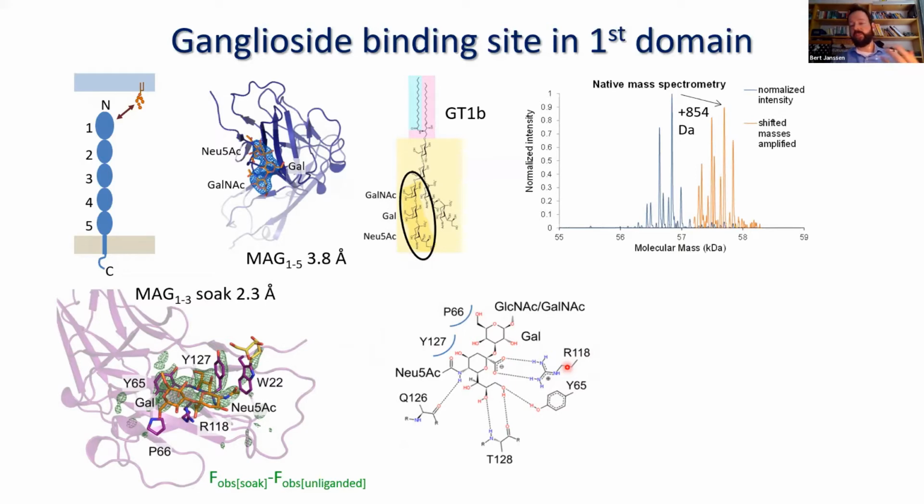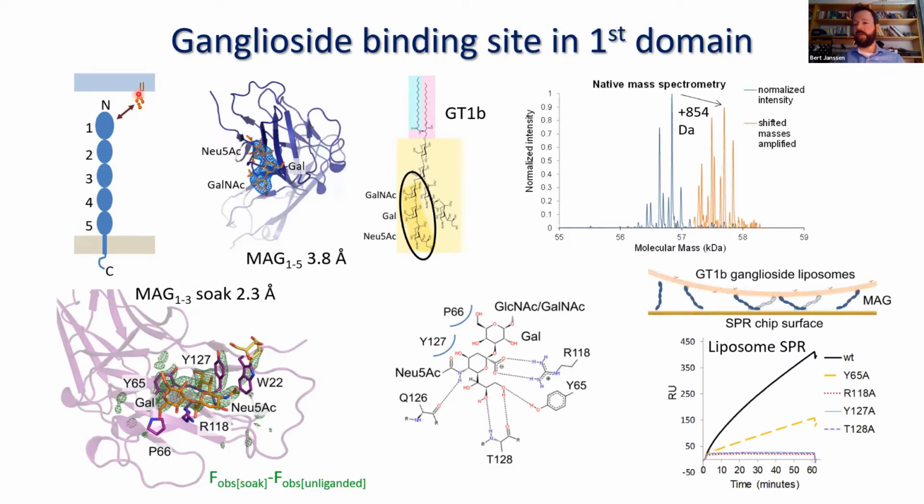And to measure these interactions, we designed a new type of experiment where we could mimic what happens if MAG is on one surface and the ganglioside is on another membrane. We did that by coupling MAG onto a surface plasmon resonance chip with its C-terminus. This is normally used by MAG to couple to a cell via a transmembrane helix.